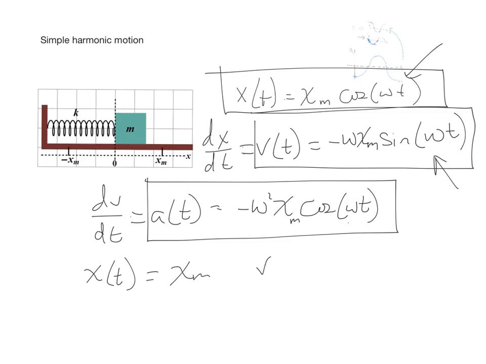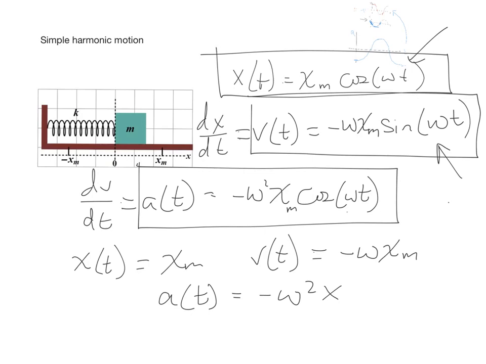The velocity is going to be equal to just omega xm, because the sine function should be 1 to get the maximum velocity, and then the acceleration would just be omega squared xm.